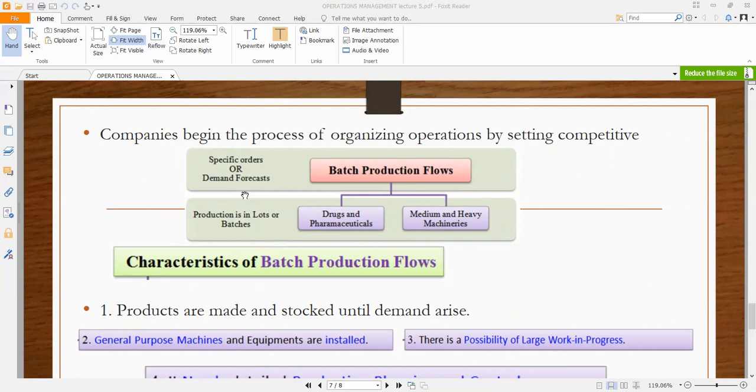They say, "I want Coca-Cola," or "I want medicine to treat coronavirus." So you are producing for a specific order, or you are producing to meet demand. There's so much demand for drinks because it's hot, so as a company you are producing those drinks to meet the demand. So we're talking about drugs, medium and heavy machinery, and things like that, producing in large quantities.